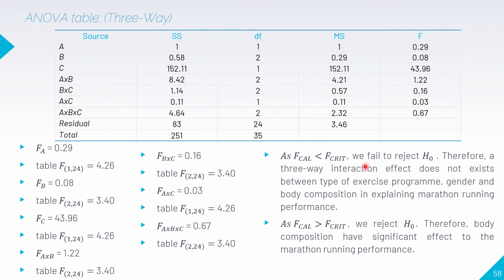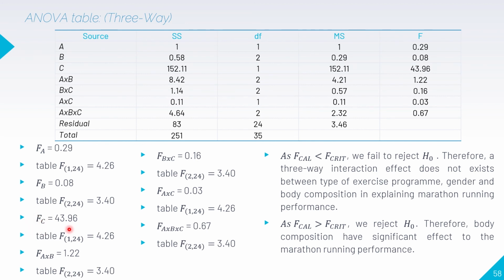Therefore, a three-way interaction effect does not exist between the type of exercise program, the gender, and body composition in explaining marathon running performance.